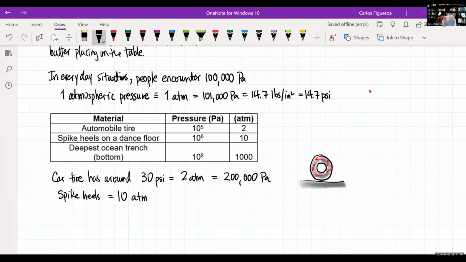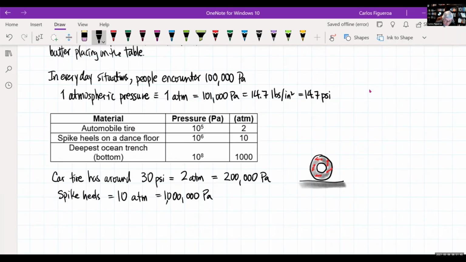So this is 1 million pascals. Okay, 1 million pascals. So you could imagine that if somebody stands on your head with all their weight on a single spiked heel, they would apply 1 million pascals on you.